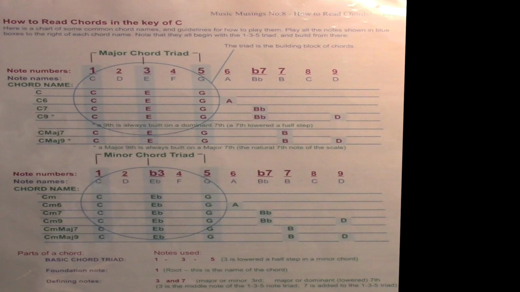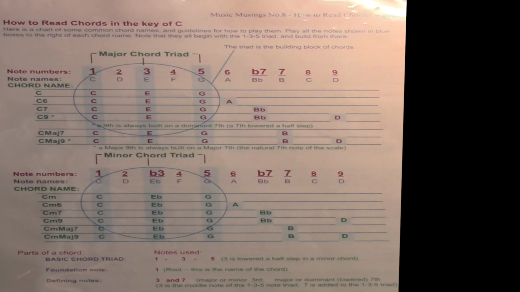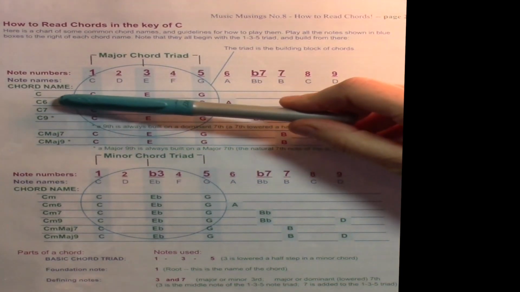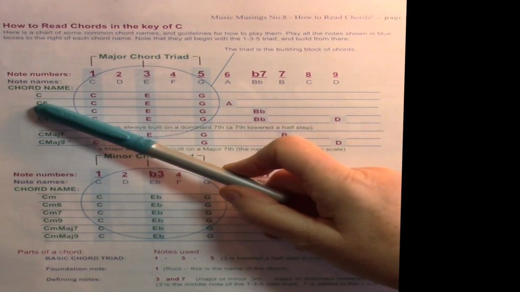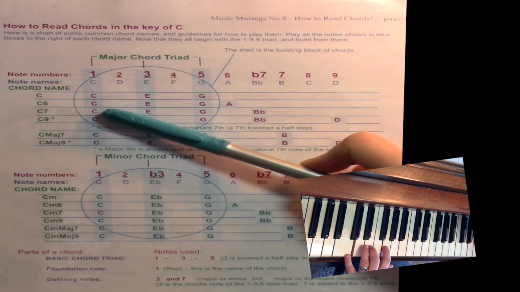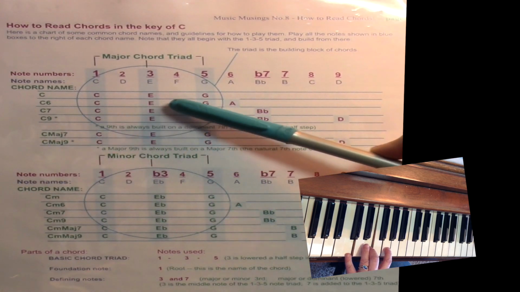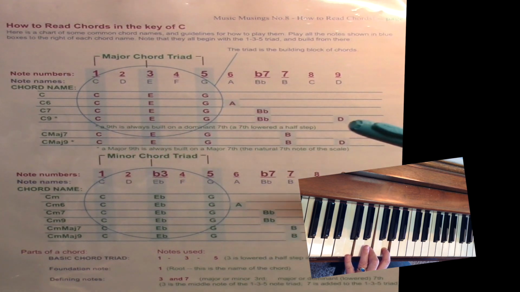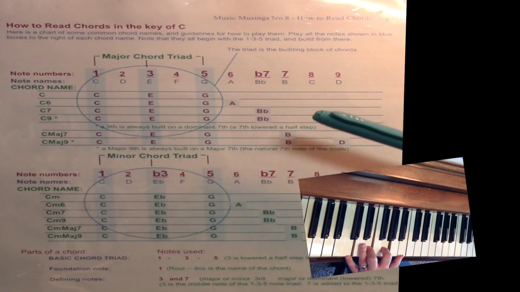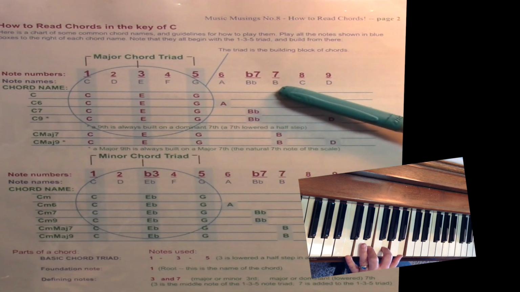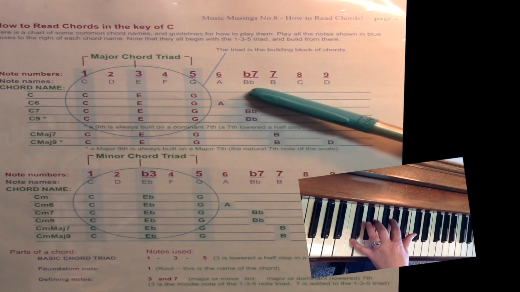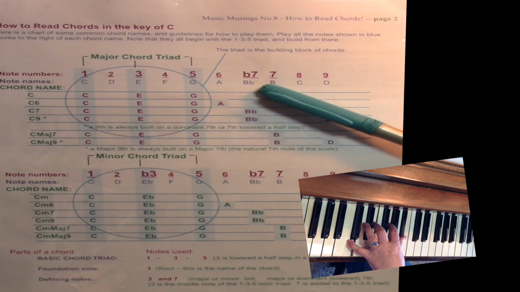All right, so now we're going to talk about 7s. If you look at my little chart here, the chord name C means a C major triad built on 1, 3, and 5 of the scale. To that, you could add another skip up of either the natural 7 of the scale or a 7 that's lowered a half step.